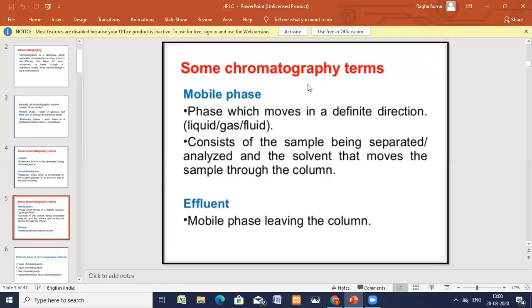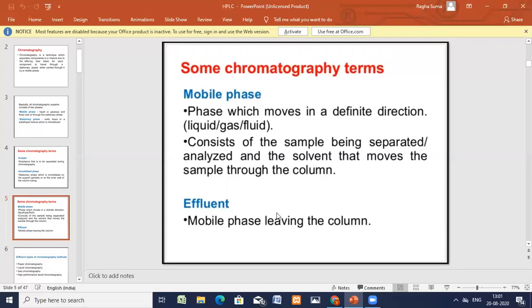Some of the chromatographic terms: mobile phase and effluent. The phase which moves in a definite direction is the mobile phase. It can be liquid, fluids, or gases. This mobile phase consists of the sample being separated and analyzed, and the solvent that moves the sample through the column.